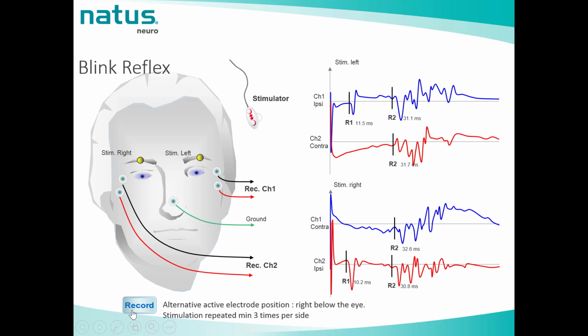Ipsilateral side showing us R1 and R2 response, and the contralateral side showing us the R2 response. To make sure we have the proper placement for our markers, the stimulation needs to be repeated at least 3 times per side.